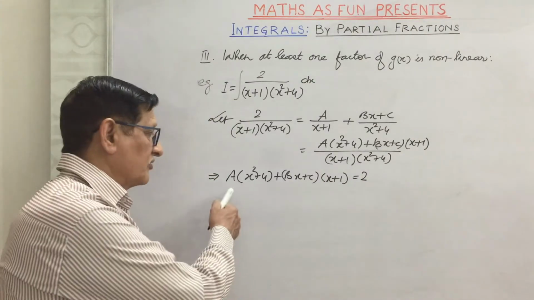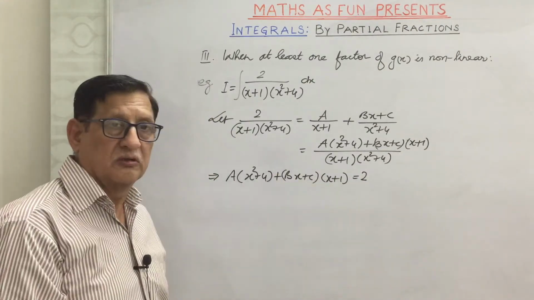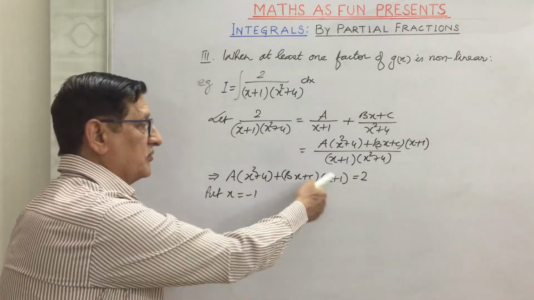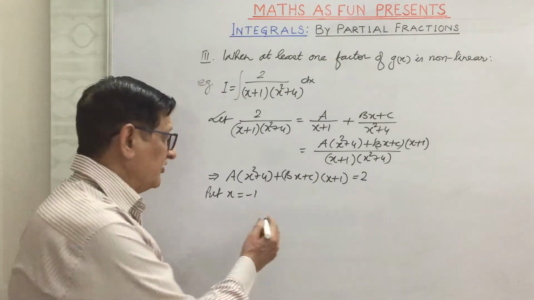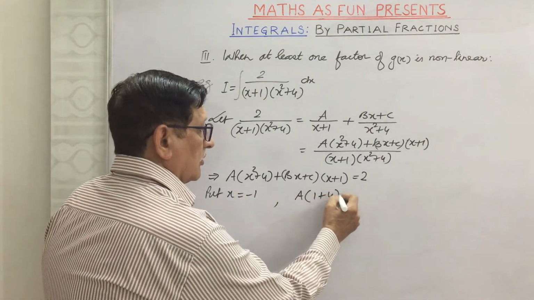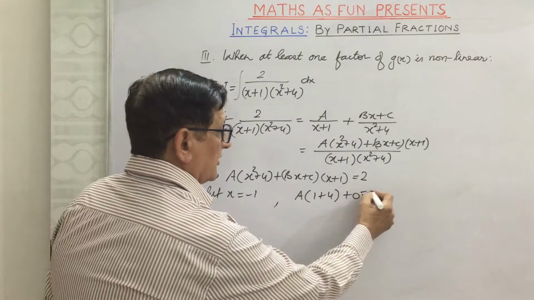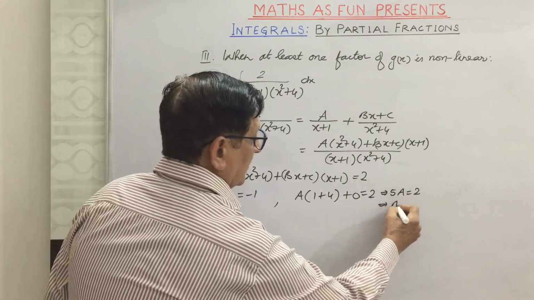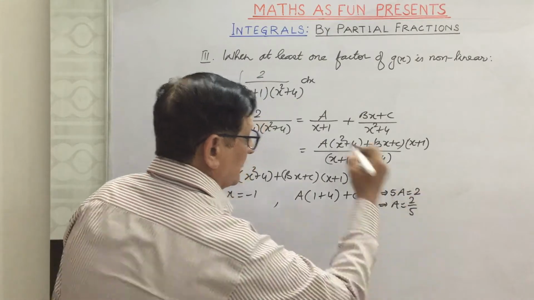To find the values of a, b, c from this equation, we put x is equal to minus 1 first to make this as 0. And then we get this will be 1 plus 4. This will be 0 equal to 2. It means 5a equal to 2, or we can say a equal to 2 upon 5.